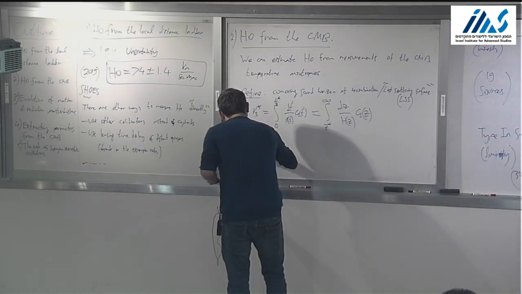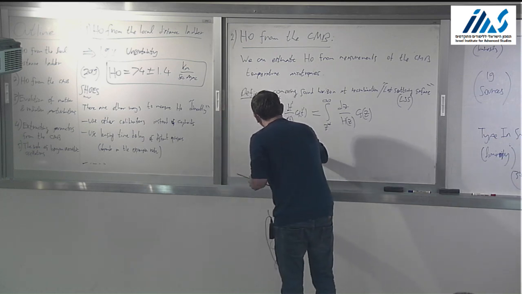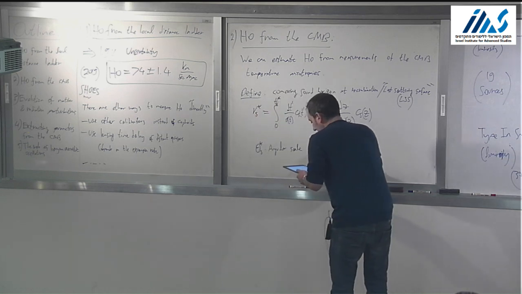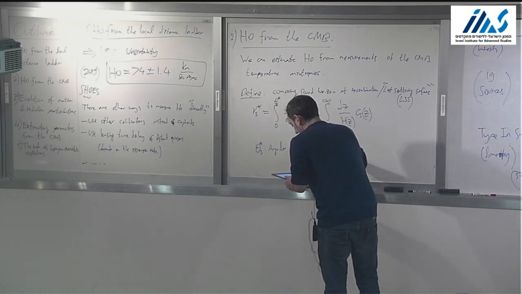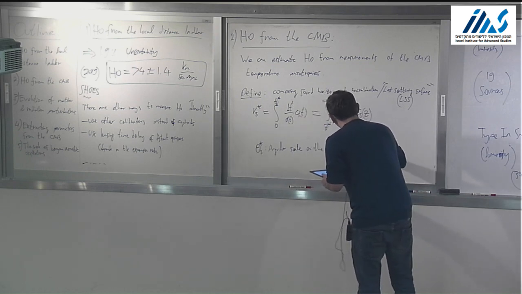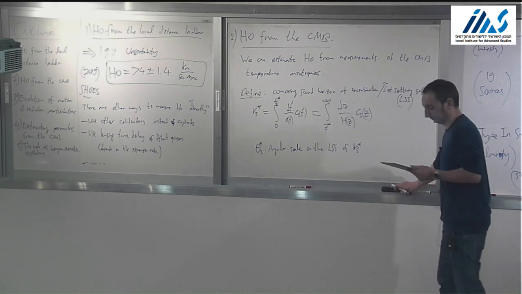Now we define theta_s star, which is the angular scale on the last scattering surface of this sound horizon. Okay?